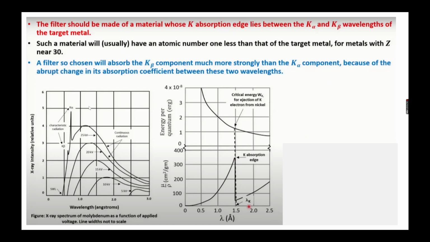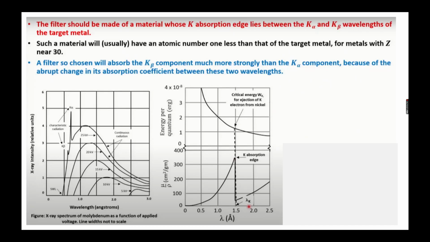So the filter chosen will absorb the K beta component. Why? Because we want the K alpha. We want to absorb the K beta component much more strongly than the K alpha component, because of the abrupt change in its absorption coefficient between these two wavelengths.